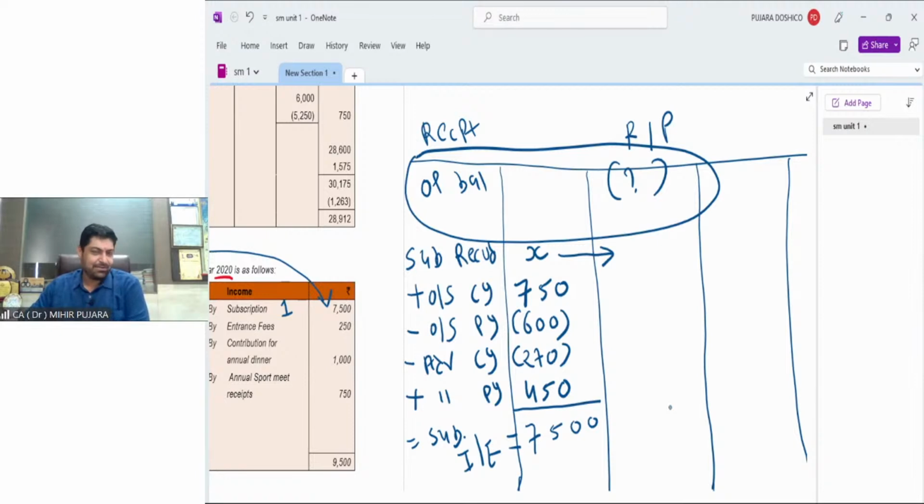Yes, because we are preparing the RNP account. Can you find this out very easily, guys? Tell me. How much is it?